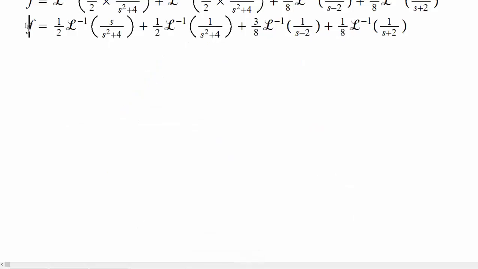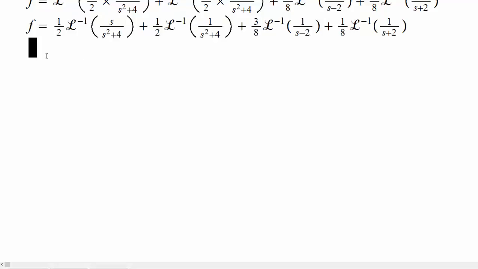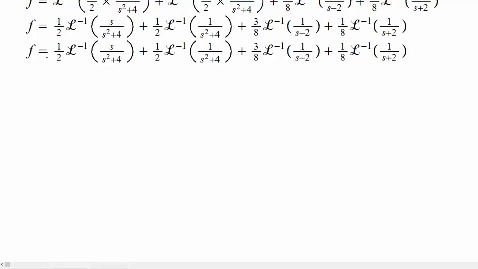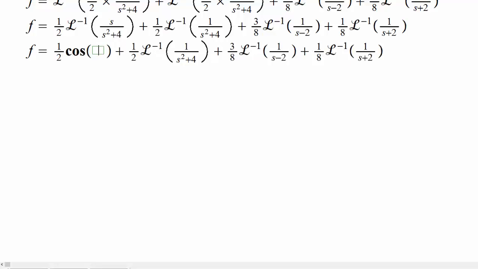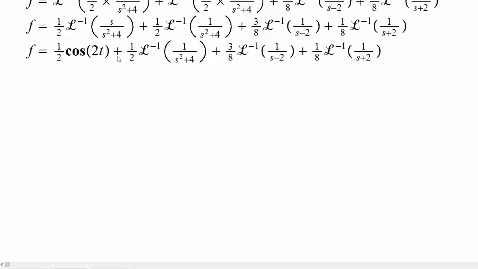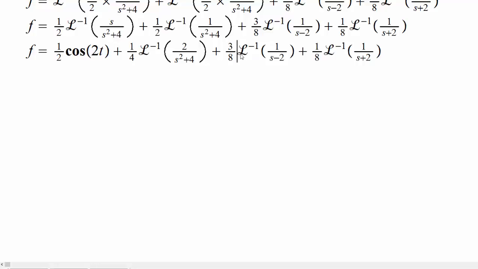So going back here, all that we need is that this one here is already in good shape and can be written as cosine of how much? 2t. In this one we needed to bring a 2 here, that will become a 4, and we will write that in the next step.